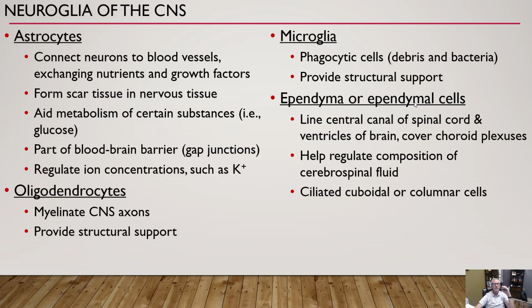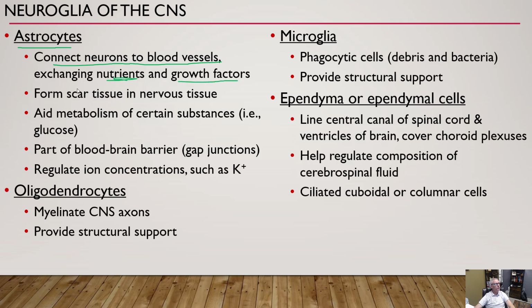So within the central nervous system, we're going to have these things called astrocytes. Astrocytes actually kind of look like stars. And they actually connect neurons to blood vessels. So just think about what that would do.